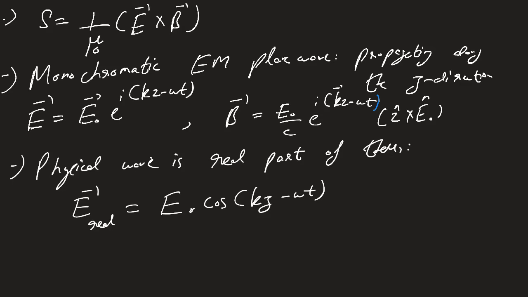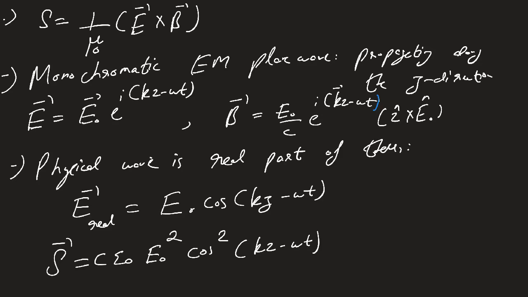And so if you substitute that for both the electric and magnetic fields, what you find is that S becomes equal to epsilon naught E naught squared cosine squared of kz minus omega t.